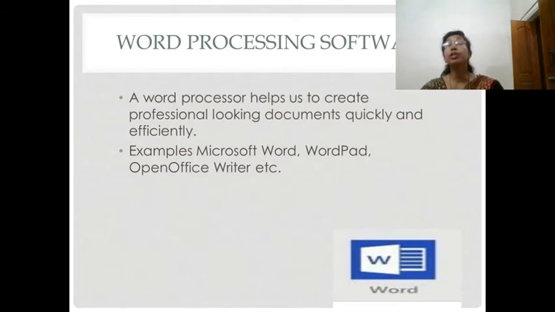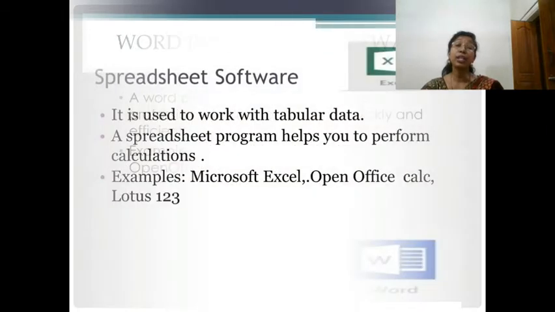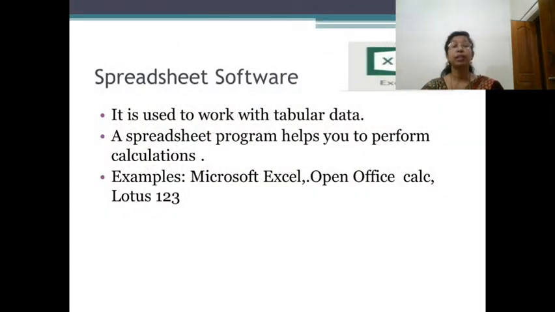And you can make it so beautiful. Some of the examples of word processing software are MS Word, WordPad, OpenOffice Writer, etc. Okay, now we will move to the next application software, that is spreadsheet software.